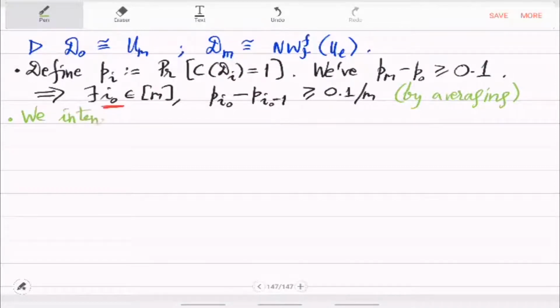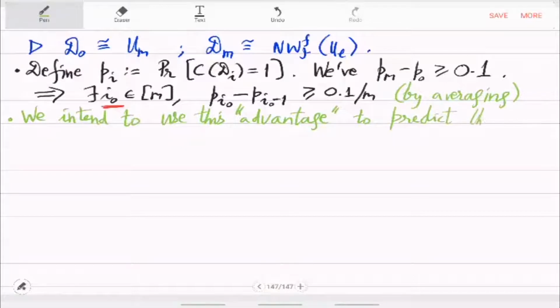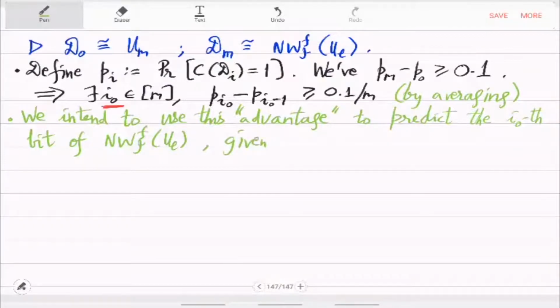We intend to use this advantage to predict the I0th bit of NW given the preceding ones.